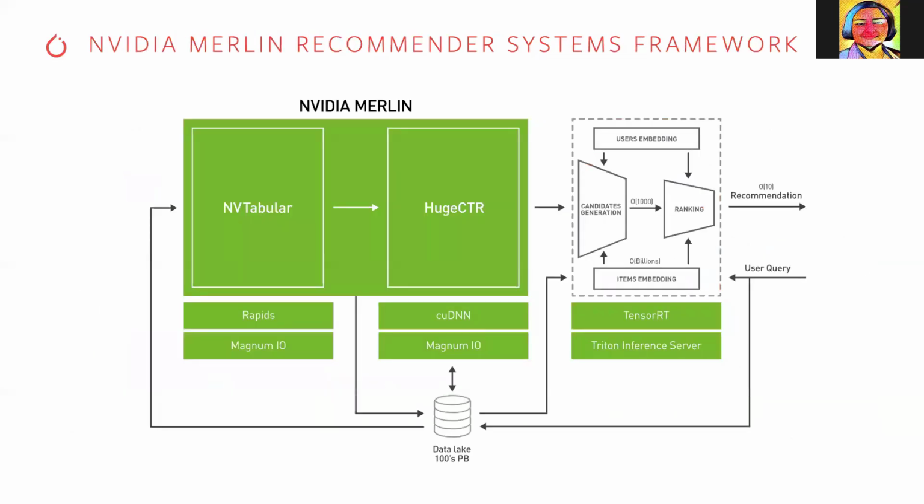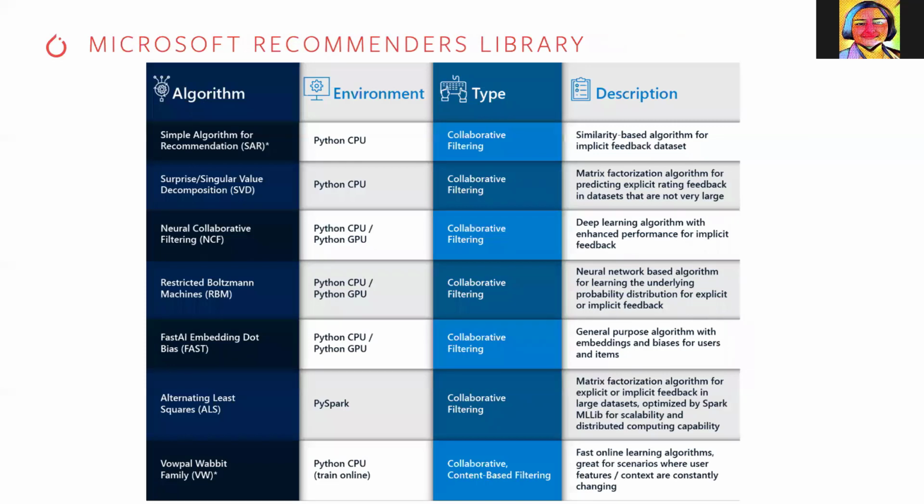The NVIDIA Merlin framework is specifically designed for recommender systems. It has NVTabular for optimized data loading, HugeCTR for training, and Triton as the inference server. Microsoft's recommender library comes with a wide range of pre-built recommender models and predefined datasets, including the Criteo dataset.